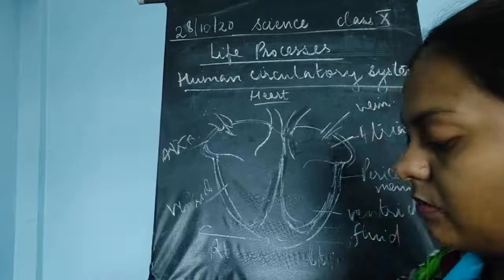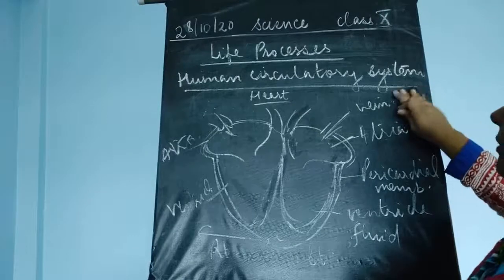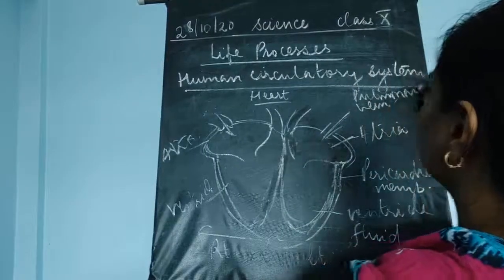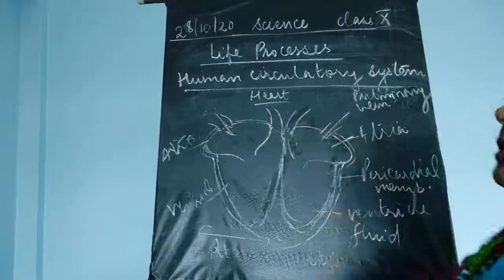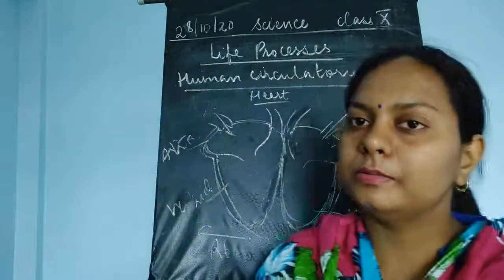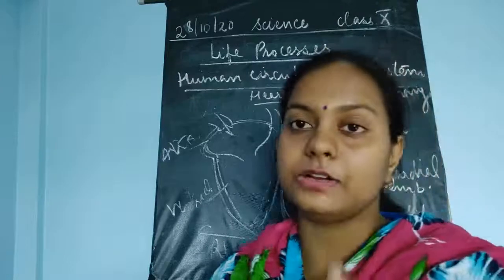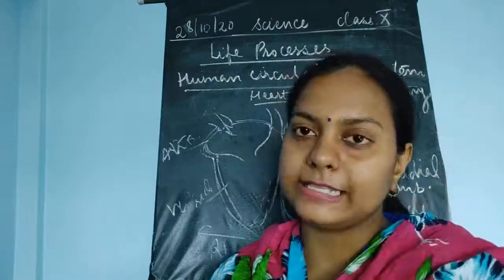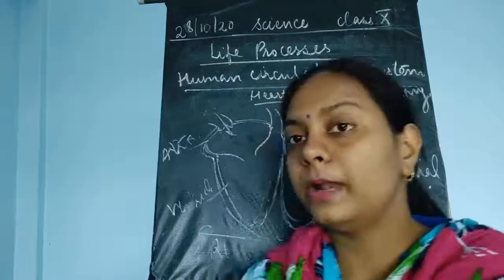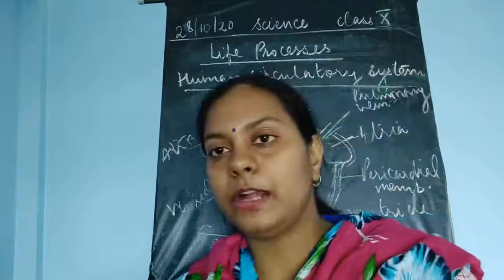This is called the pulmonary vein. Both of them, pulmonary veins. So children, we have already studied that veins always carry impure blood, but in the heart, please remember, there is one exception: this pulmonary vein is going to bring pure blood, and the pulmonary artery is going to take impure blood towards the lungs.